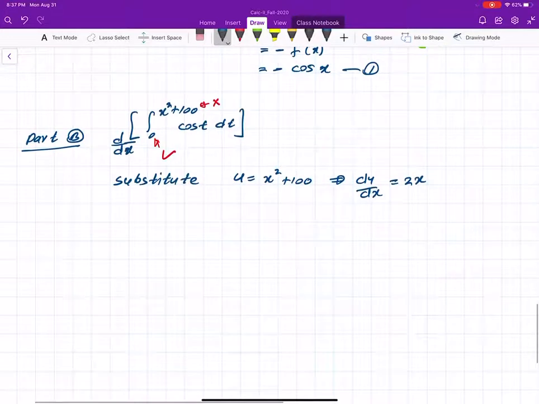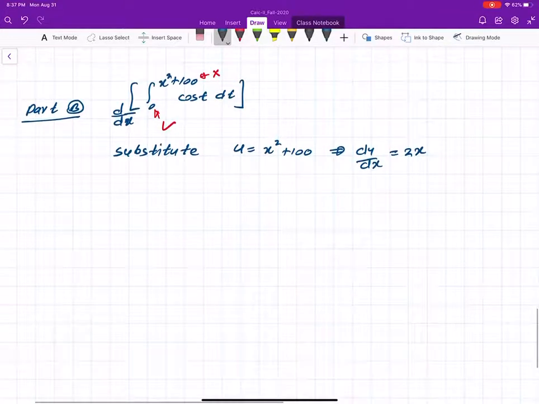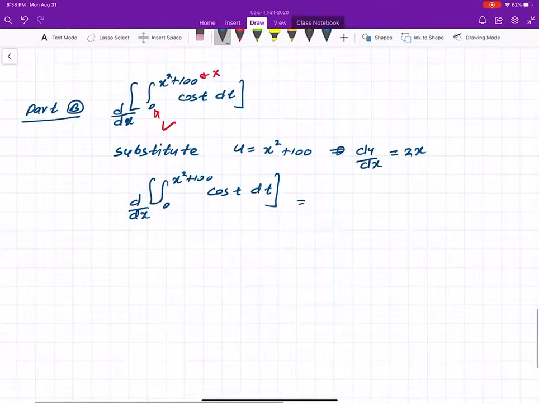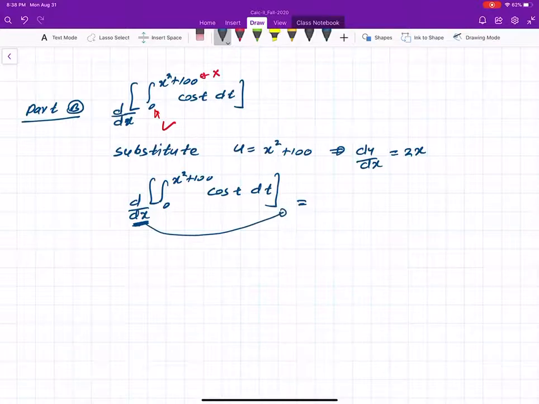Okay, now let me rewrite the given problem, which is d over dx of the integration from 0 to x square plus 100 of cos t dt, and this equals, I'm going to use the chain rule here. Okay, so I have dx here. I'm going to push that dx to the end. Let me rewrite that.